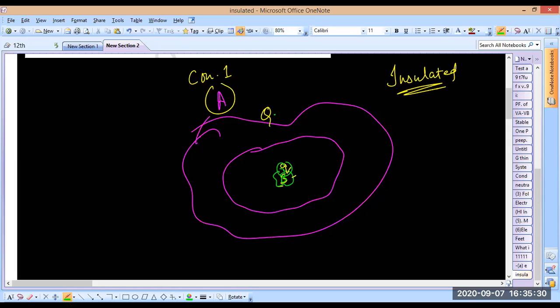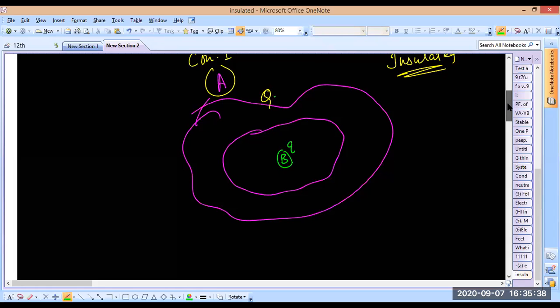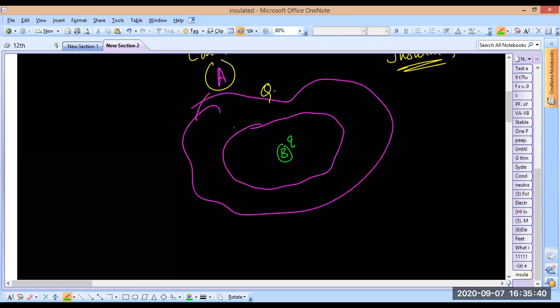Let's start, everyone. First of all, I want you to understand, listen to this carefully, that if I take a Gaussian surface very close to this inner edge, you understand what I'm doing?